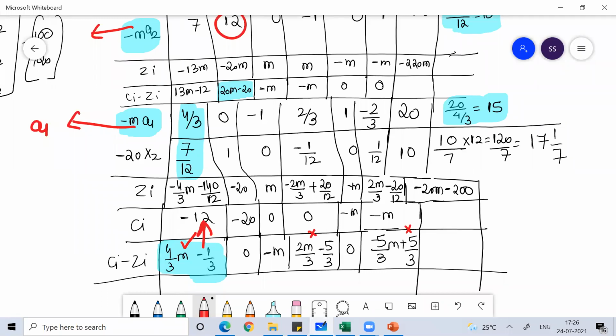X2 has already entered into the solution. Now what is going to happen? Now in place of A1, the X1 will enter into the solution. So now what we'll do: the coefficient of A1 is minus 12, and in place of A1, the X1 will enter into the solution.